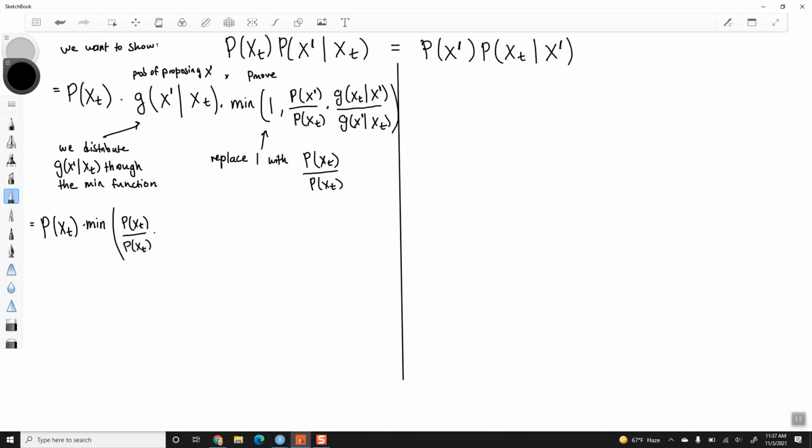So this becomes the probability of xt times the minimum of, and I'm distributing the g, replacing 1 with p of xt divided by p of xt, which is still equal to 1, times g of x prime given xt. We want to take the minimum between that and, distributing this through, p of x prime divided by p of xt times g of xt given x prime divided by g of x prime given xt, times g of x prime given xt.